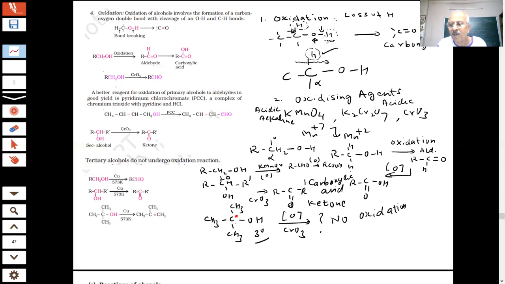So what oxidation will take place? There is no alpha hydrogen. Therefore, tertiary alcohols are not oxidized. Note this down, students: the question has been asked in the paper. Because there is no alpha hydrogen, tertiary alcohols will not show oxidation.